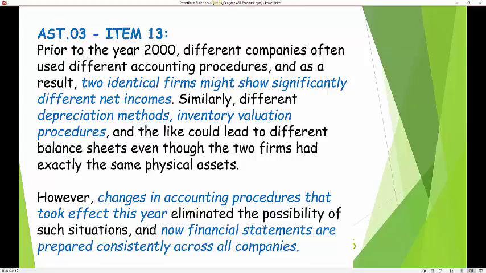So the takeaway point is, even though the assets are exactly the same, the options of accounting that are available for companies to choose from can allow them to show those assets at different amounts on the balance sheet and could allow them to show income from those assets at different amounts on the income statement. So financial statements across companies will not always be comparable. When that happens, financial analysts make their own adjustments to the balance sheet to try to make the two companies that they're trying to compare as comparable as possible.